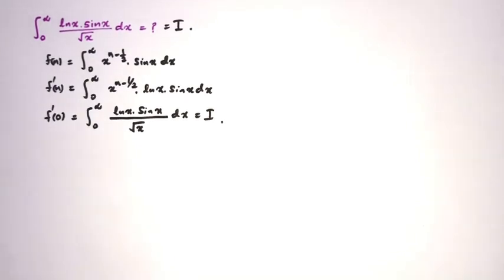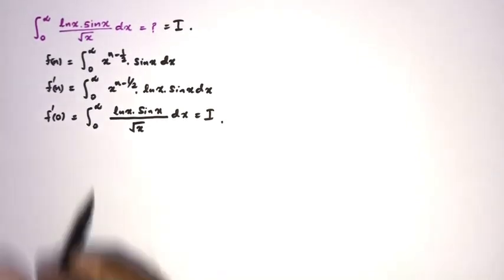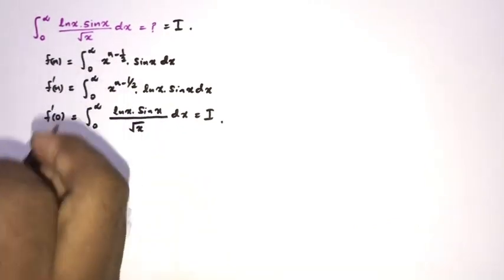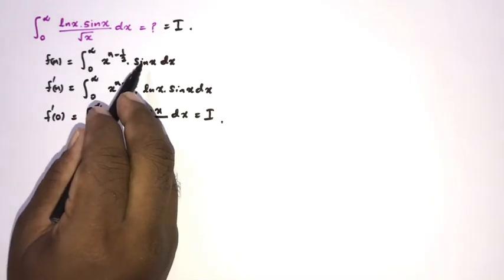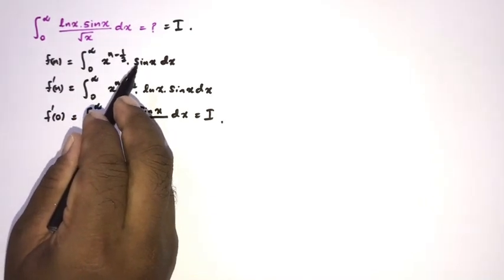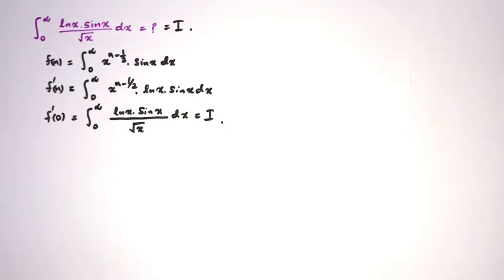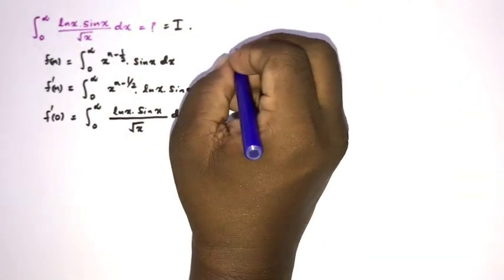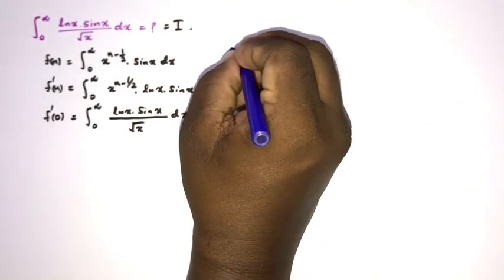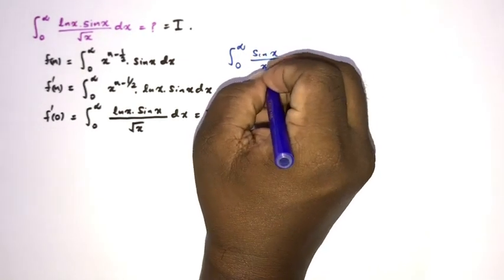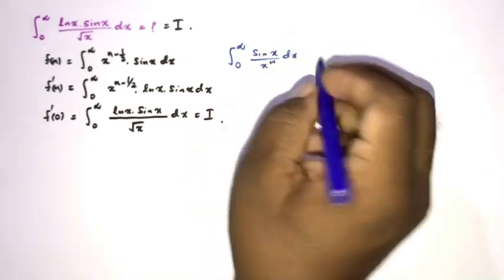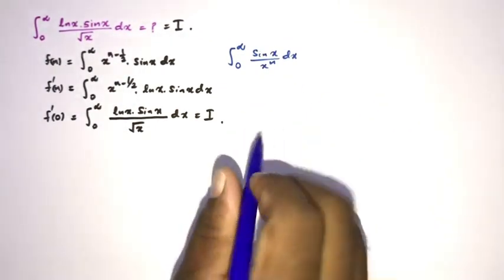To evaluate f dash of 0, I'm going to evaluate f of n. In the previous video I evaluated the integral from 0 to infinity of sine of x over x to the n dx, where n is between 0 and 2.